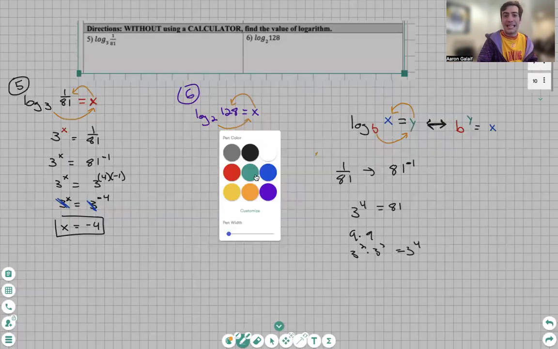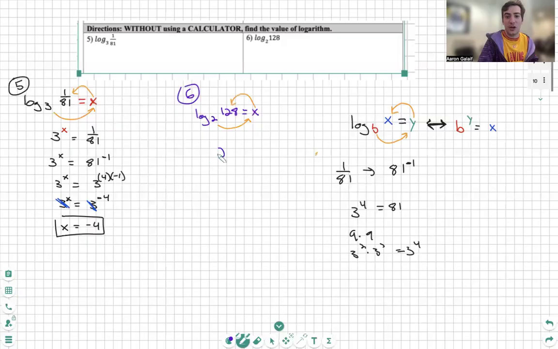Boom. Easy. Once we get that snail going, we can rewrite 2 to the power of x is equal to 128. That is key. So now we need to find an exponent of 2 that is going to get us to 128.